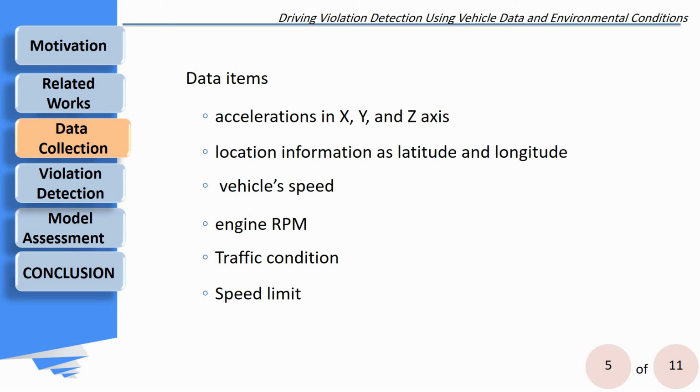Data items that were collected during the experiment include acceleration in 3 axes, XYZ, location information at latitude and longitude, vehicle's speed, engine RPM, and traffic condition and speed limit.